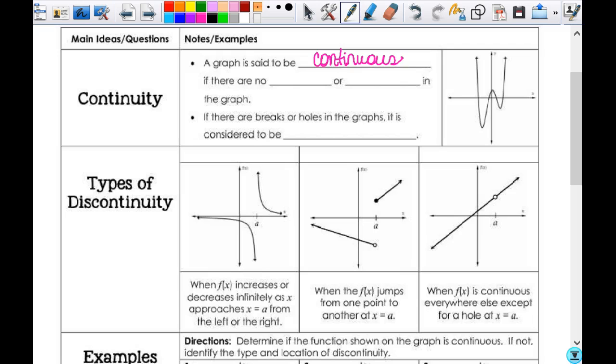So if I put my pencil down on the far left-hand side of this function and I trace along, if I can trace along the whole thing without picking up my pencil, it's continuous. If I got to pick up my pencil at any point to start back over or whatever, then it's not.